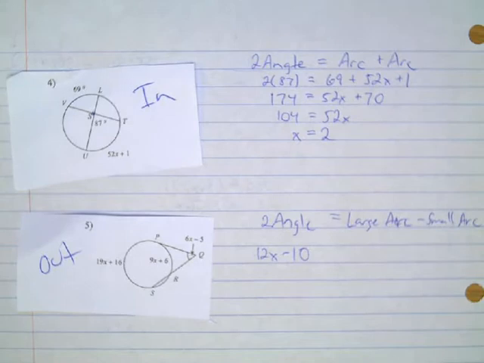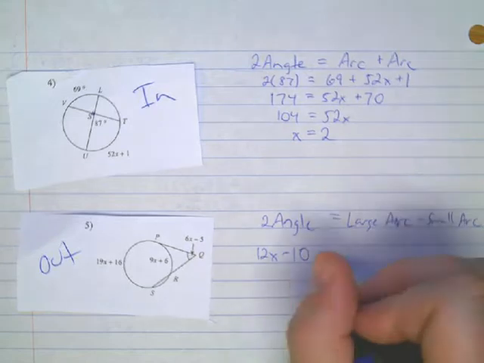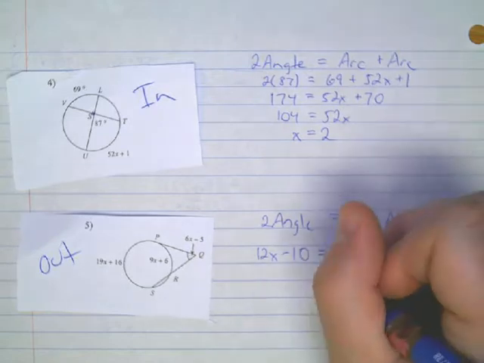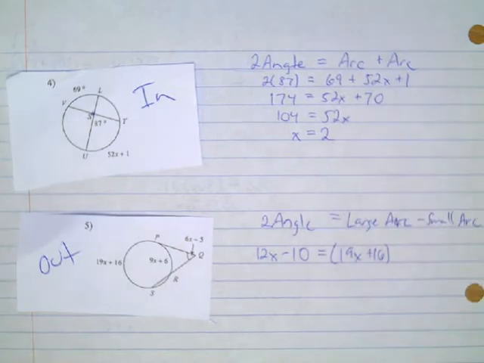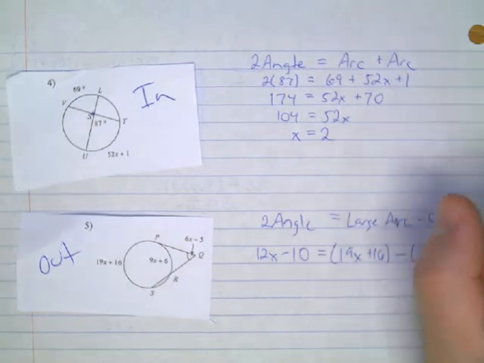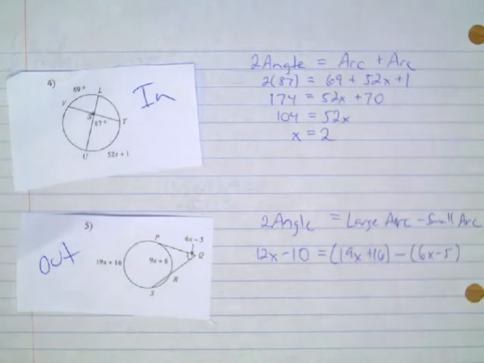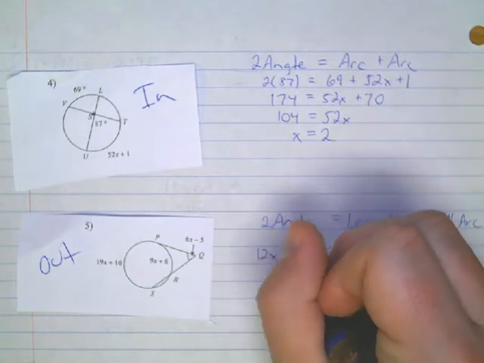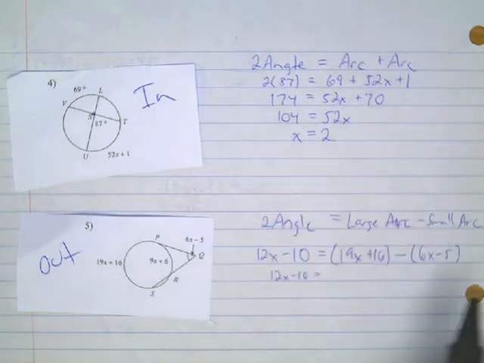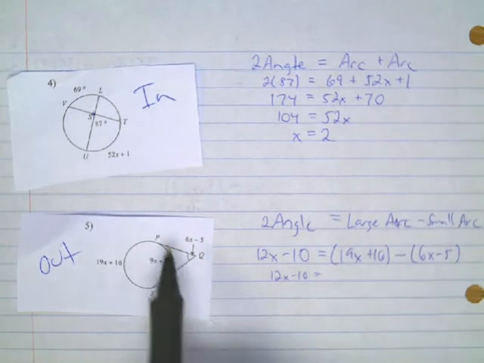Okay, now we need to subtract the large arc, which is 19x plus 16, and we need to subtract the small arc from it. The one further away is always the largest.